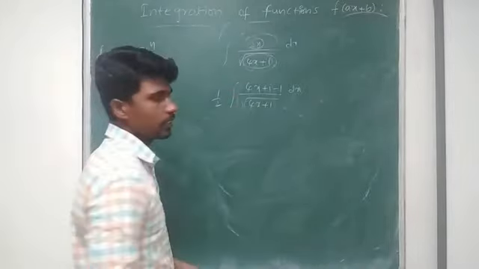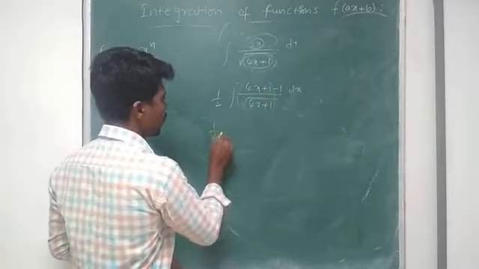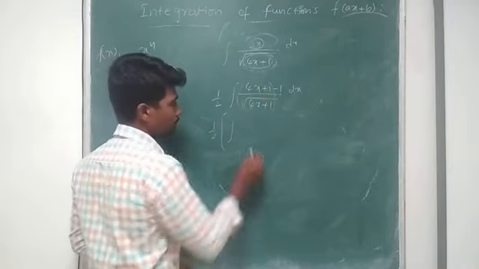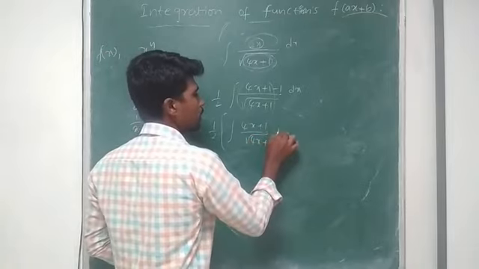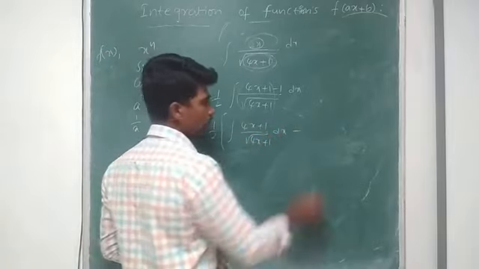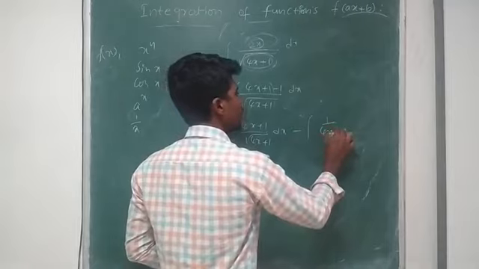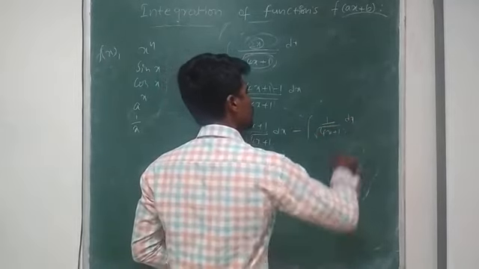I just split it like so: 1 by 2 integration of 4x plus 1 by root of 4x plus 1 dx minus integral 1 by root of 4x plus 1 dx.